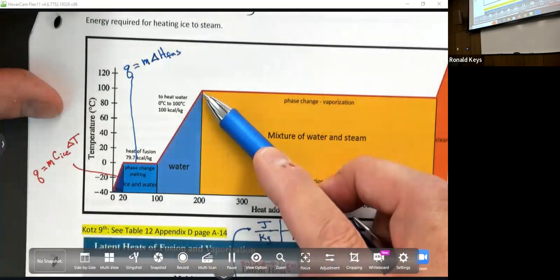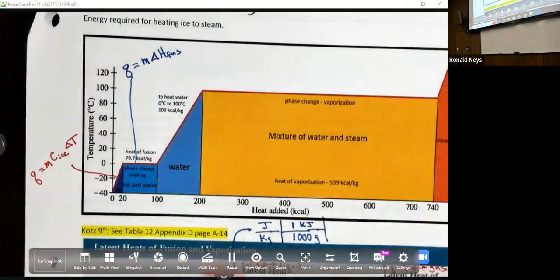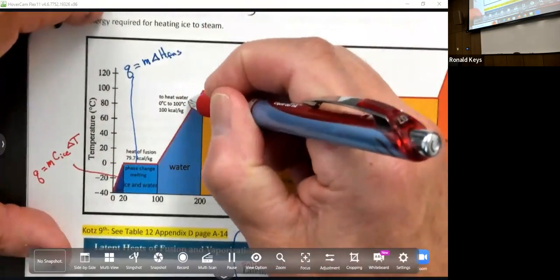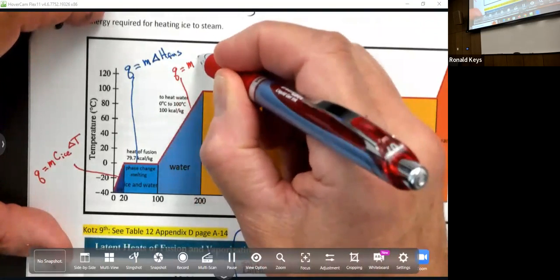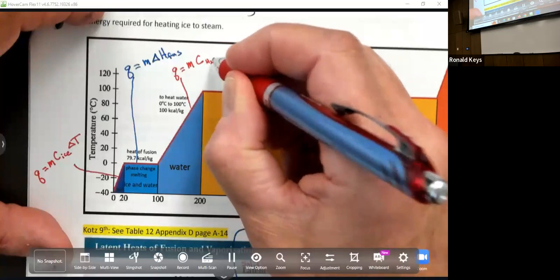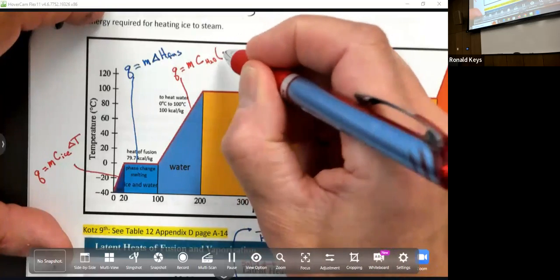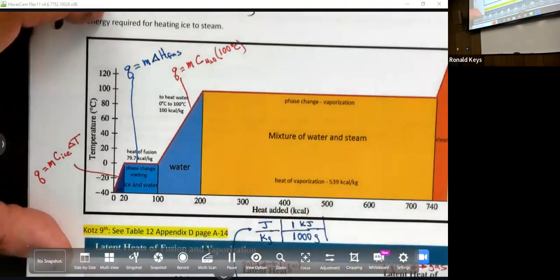Then you have to heat up the water. So here, of course, this line is Q is equal to MC of liquid water. I'm just going to put H2O, and the temperature change there is always 100 degrees Celsius, right?